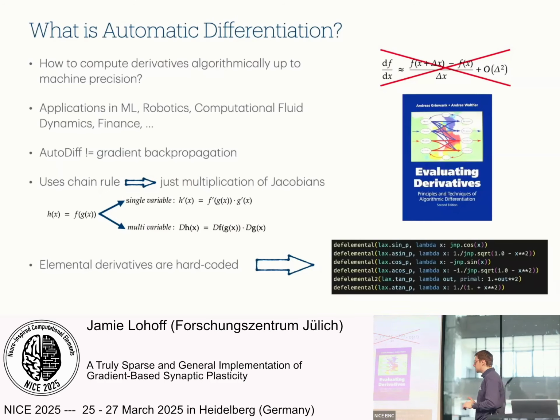The other thing that you need is elemental derivatives. Somewhere in the code, when you go into PyTorch, JAX, or TensorFlow, at some point there's a huge file. There's a file that has 10,000 lines, even more, where one very poor intern had to take all the time to implement the derivatives of all the elemental functions. So for example, for a sine function, at some point he implemented: for a sine, the derivative is a cosine.